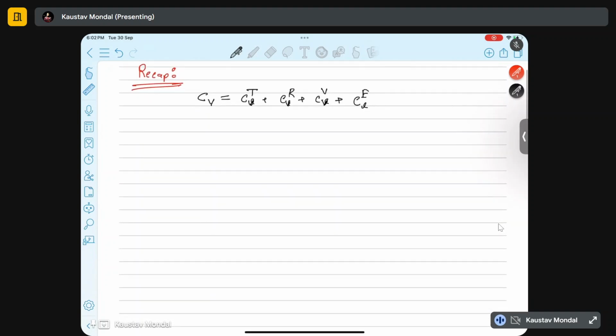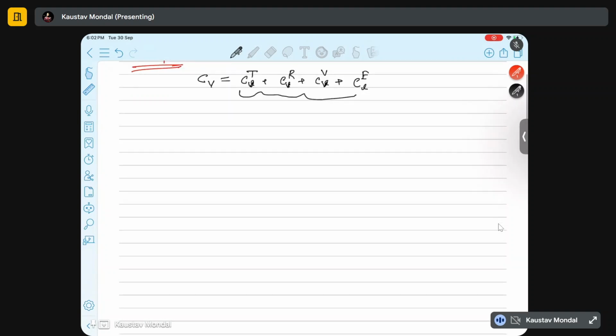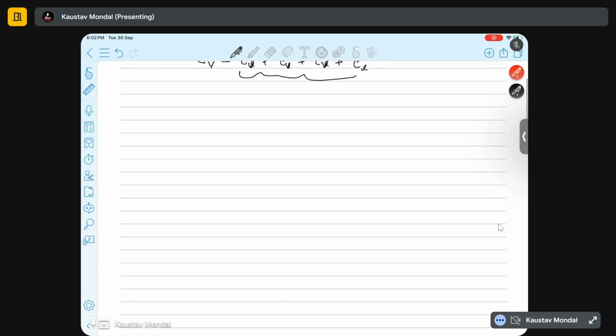In our previous discussion, we have shown through some examples how, if you know the partition functions from the different contributions, you can calculate the specific heat at constant volume.